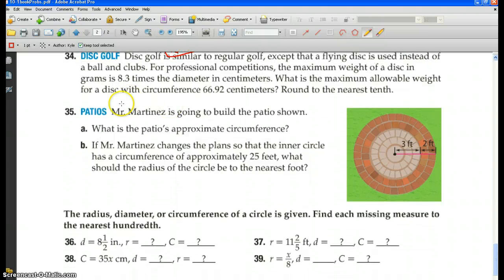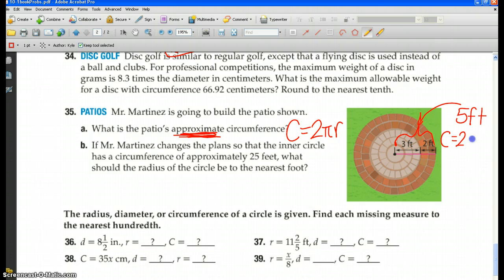And number 35. Mr. Martinez is going to build the patio shown. What is the patio's approximate circumference? So our circumference is equal to 2 pi r, and we have this keyword approximate, which means that we don't need to leave it in terms of pi. We can go ahead and multiply with our calculator. So our radius, center to the edge, would be 3 plus 2, or 5 feet.